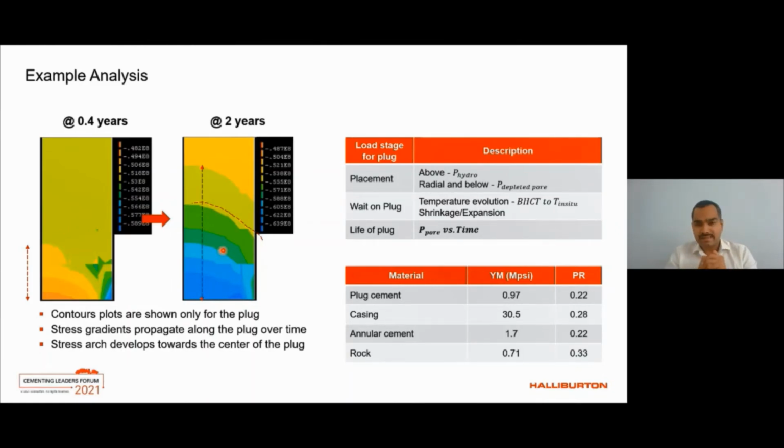These two indices will provide us insights into what is the length of the plug that is getting affected because of the loads that are getting exerted on the plug. As a consequence, we'll be able to make design decisions on the length of the plug that's required from a long-term integrity standpoint. And all of this is a function, of course, of the properties of the plug itself.